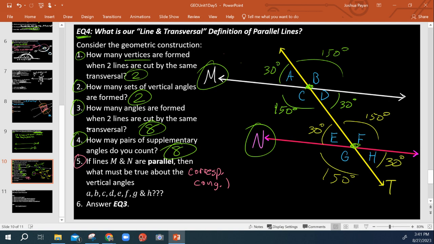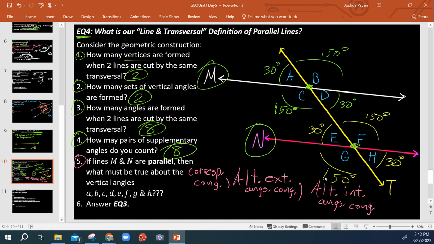What else do we know? Well, we know opposite exterior angles must be congruent, or what you would call alternate exterior angles. What else has to be true? The same thing except with interior angles. Opposite interior angles will be congruent, or alternate interior angles congruent.